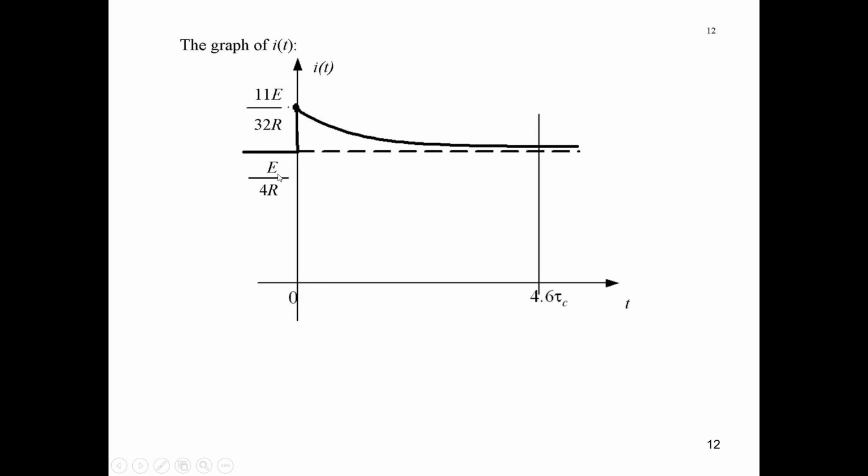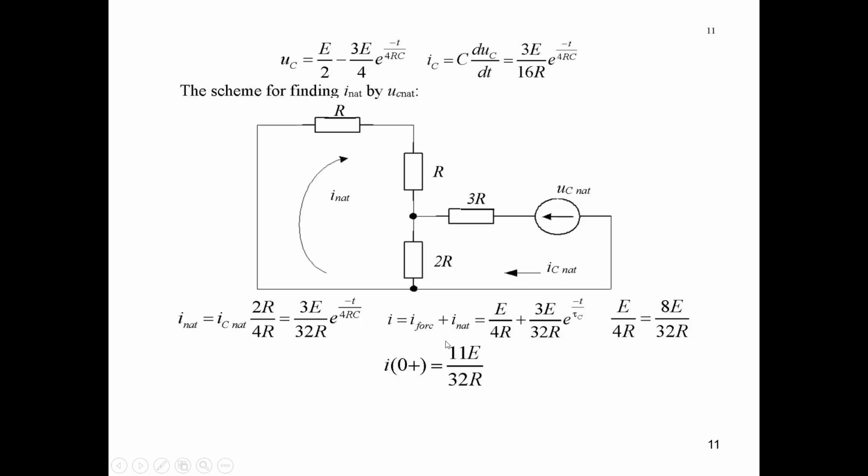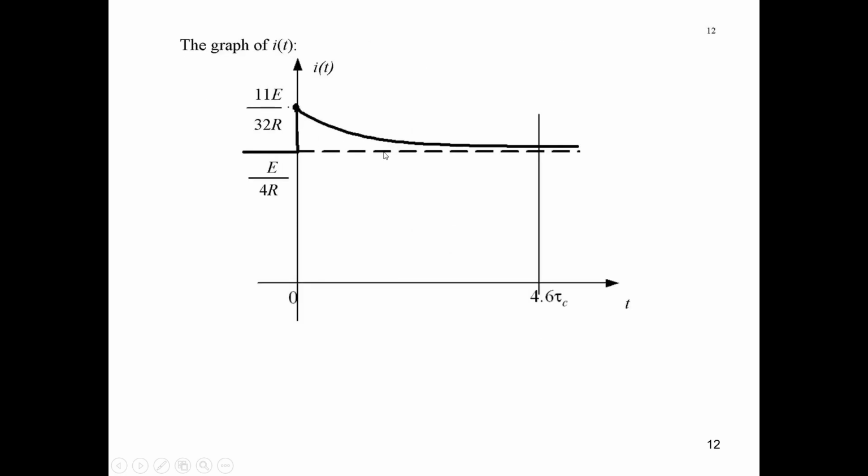This current I was equal to E over 4R before commutation, and it will retain the same value for steady state processes after commutation, but between these two states we have transient processes. At the first moment I from 0 plus equals 11E over 32R, it is here, so there was a step change in current. It is possible because it is a current not through an inductance, and then there is a transient process between these two states.